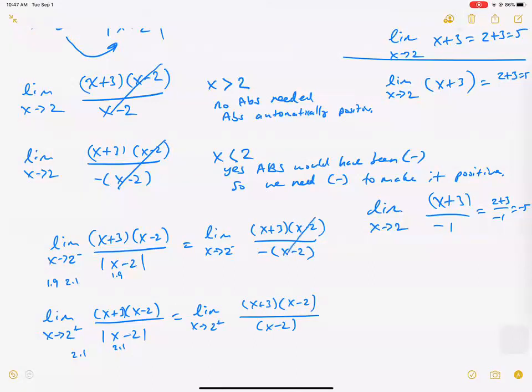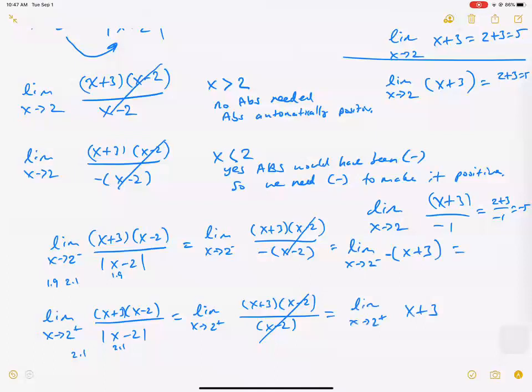Nice. Since we don't write absolute values, we can divide out our common factor. And we're left with the limit as x approaches 2 from the left side of negative (x plus 3), and the limit as x approaches 2 from the right side of x plus 3.